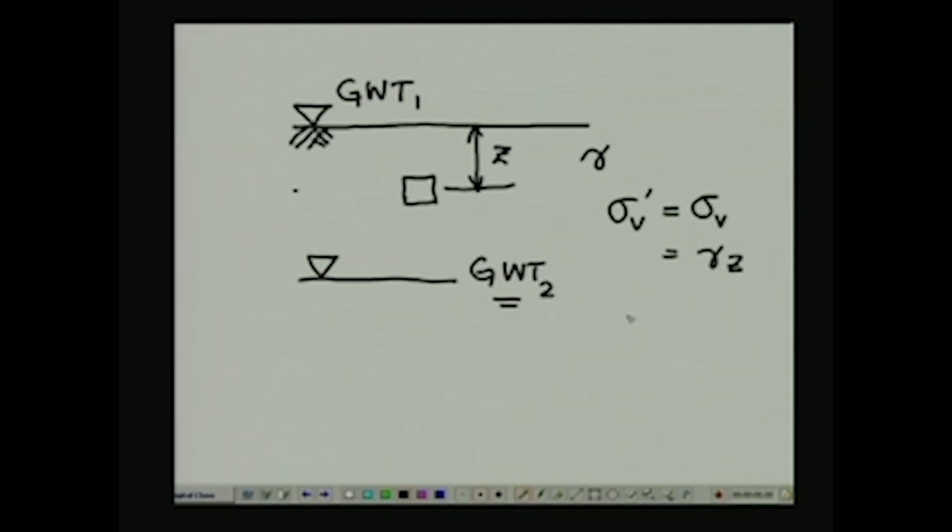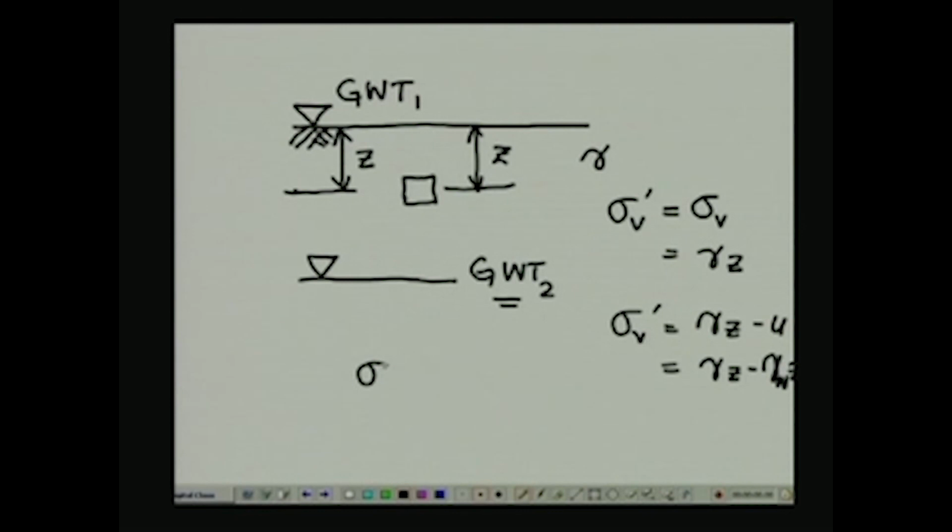In this case sigma v prime becomes equal to gamma z minus u, and u in that case is going to be unit weight of water times z once again, because the water column that is exerting pressure is also going to be equal to z in this case.